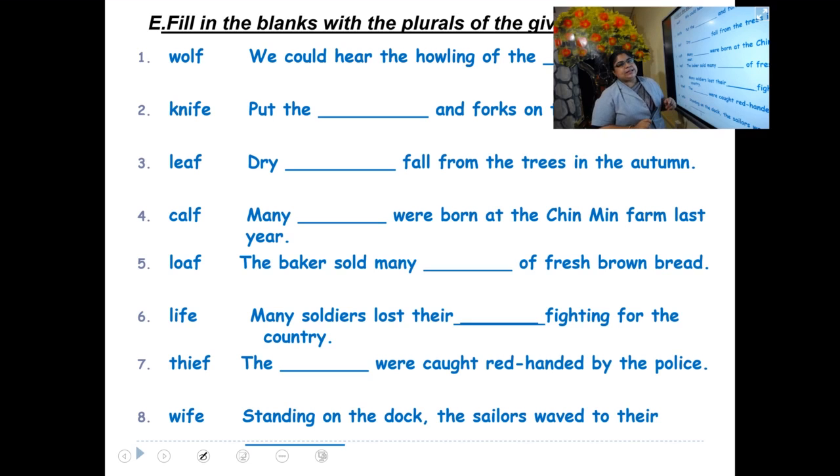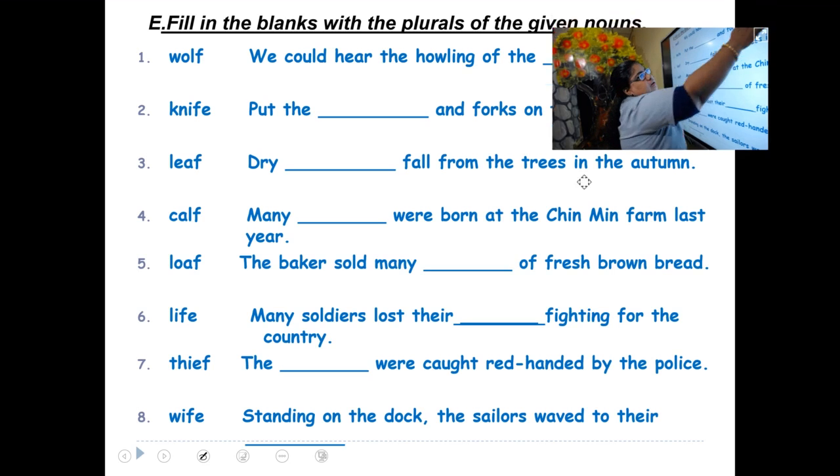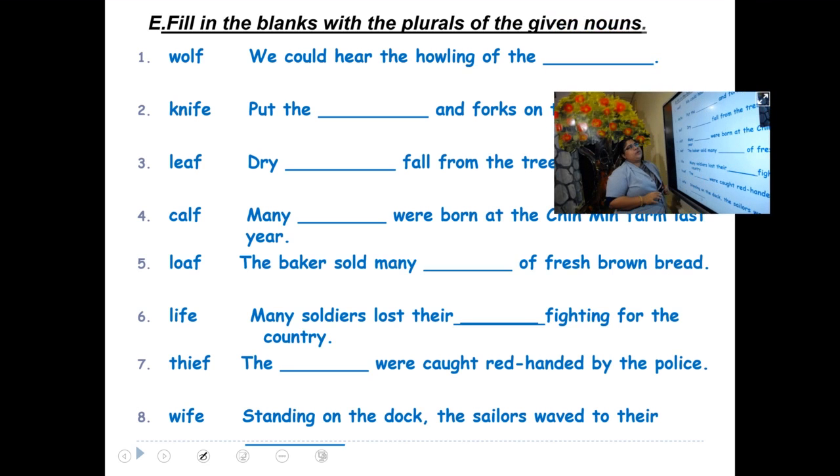There is one question, question number E: fill in the blanks with the plural of the given nouns. Some singular nouns are given in your textbook, and some sentences are also there. You change the singular noun and write it as a plural noun. Then you will get the answer for your questions.